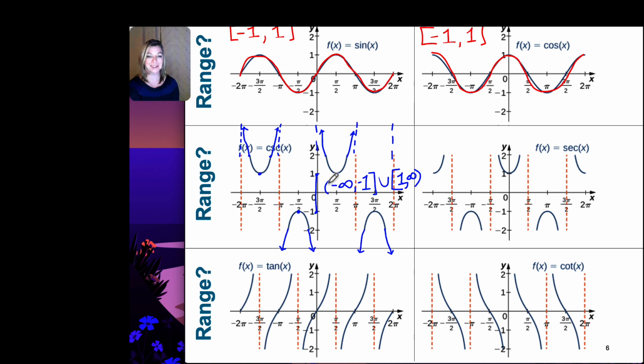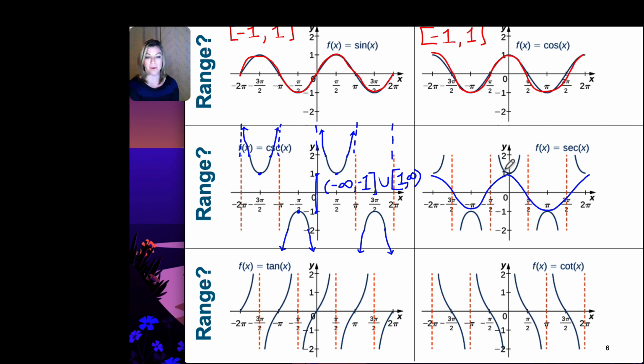All right, we'll try to go a little faster through these other ones. Sorry, that one took a long time to develop. Secant, I'm just going to sketch cosine here in hopes that you can see that secant is the reciprocal function, just like cosecant was the reciprocal function of sine.